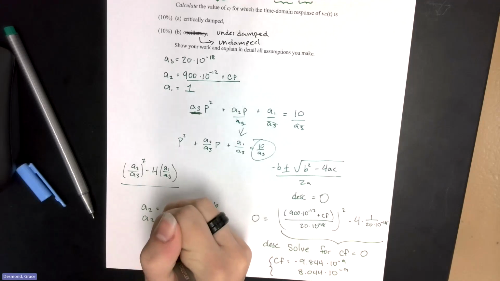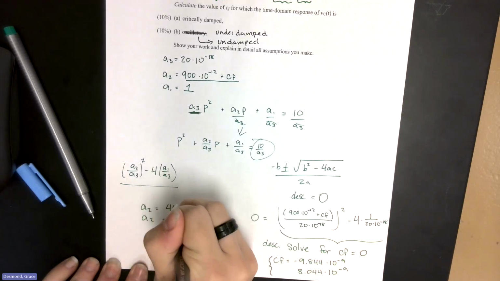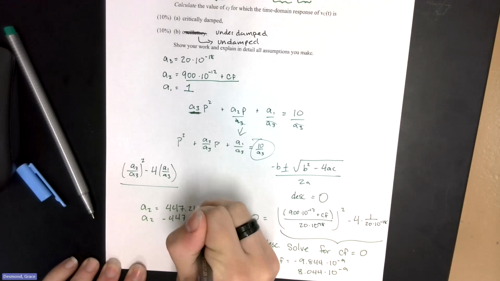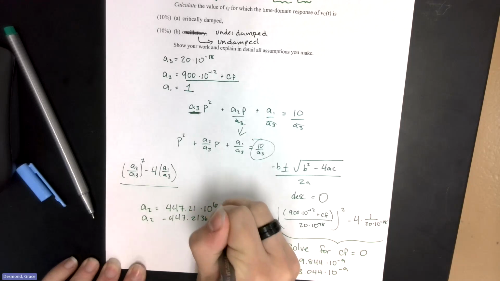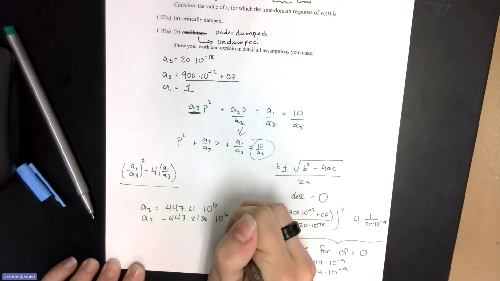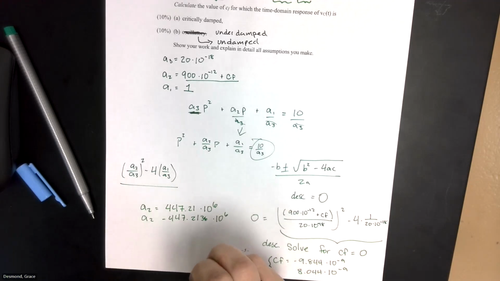And for the other one, it is going to be negative 447.2136 times 10 to the 6. So this one is obviously less than 0, and the other one is greater than 0.